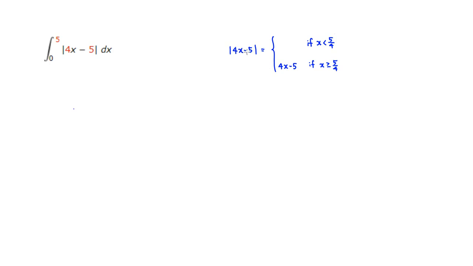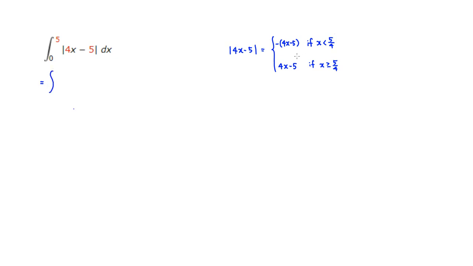But when 4x minus 5 is negative, what the absolute value sign does is negate it so that it becomes positive. So it's going to be actually a negative 4x minus 5.